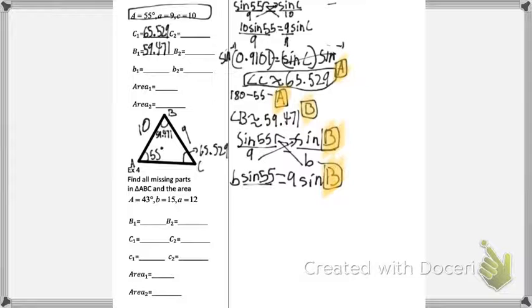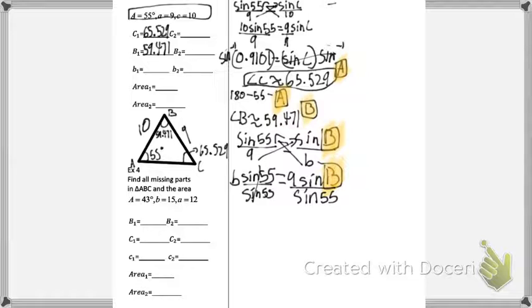You divide sine 55 from both sides because we're trying to find what side B is. So let's do that in my calculator: 9 sine B divided by sine 55.